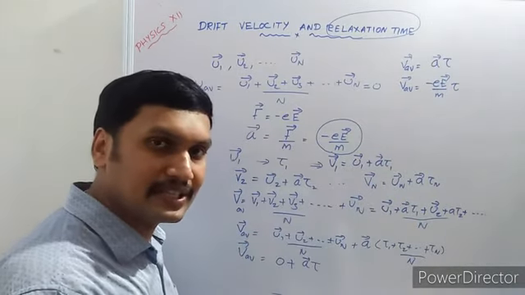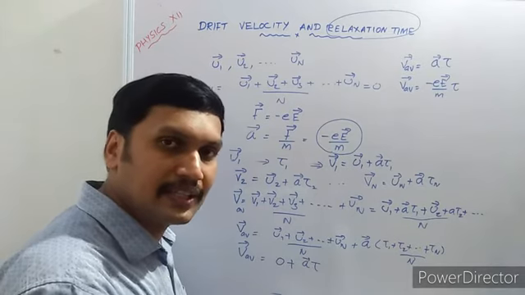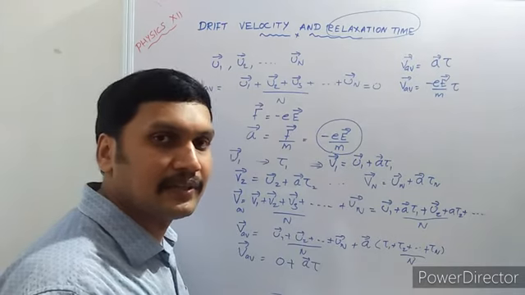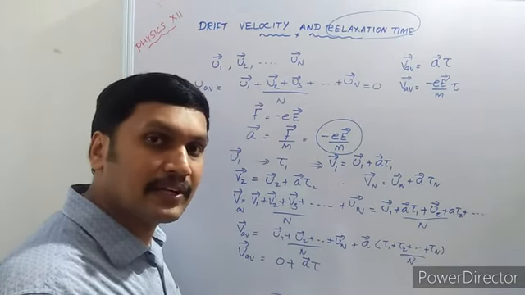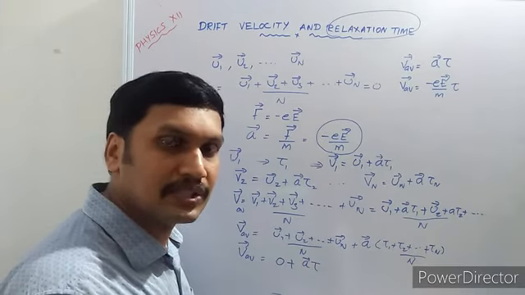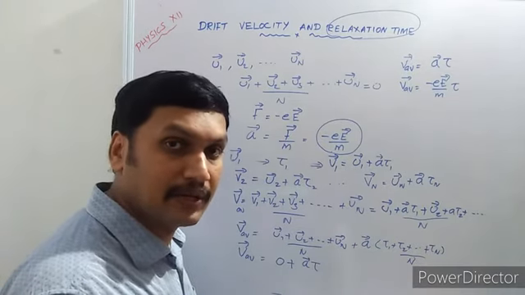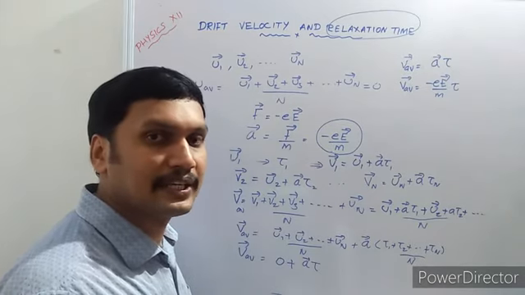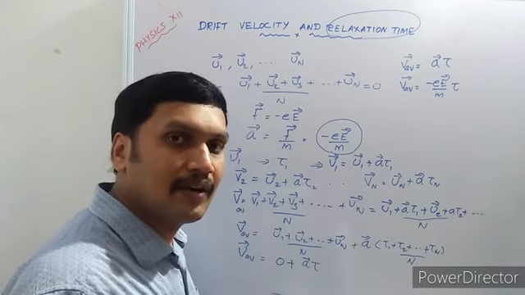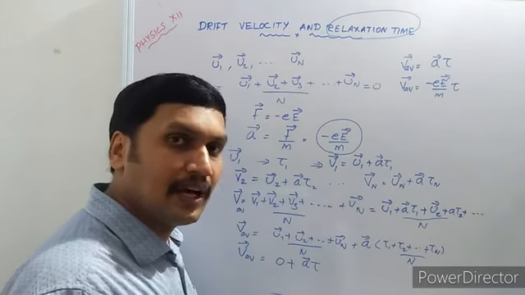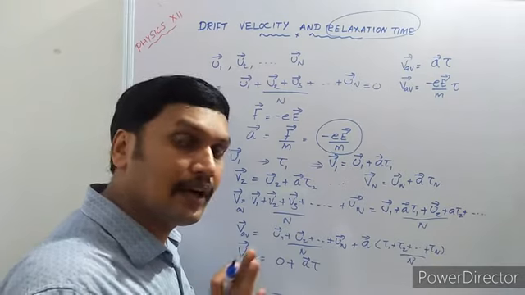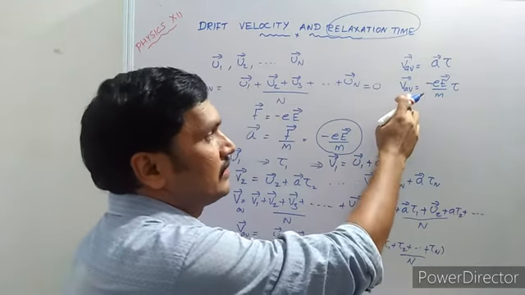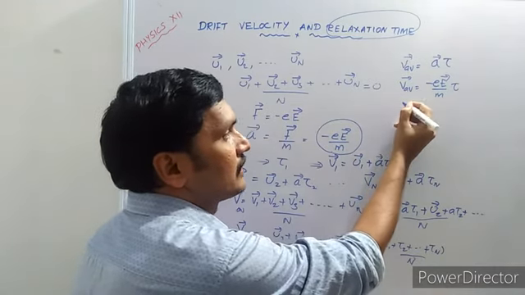So this velocity is the additional velocity gained by the electron, in the direction opposite to the electric field. It already has a random thermal velocity, which is very high, in the order of 10 raised to 5 meter per second. In addition to that velocity, all the electrons gain a very small velocity in a specified direction, and that velocity is known as the drift velocity.